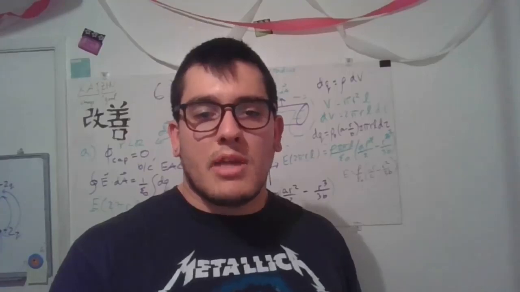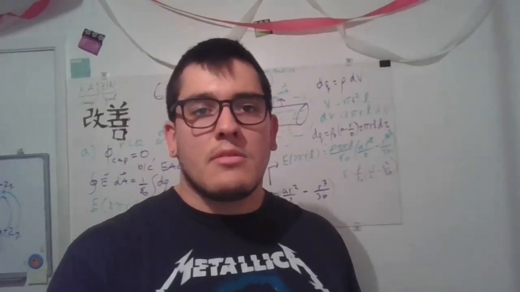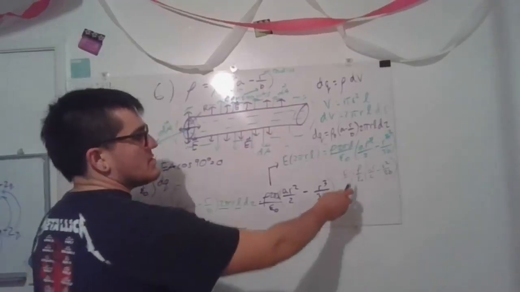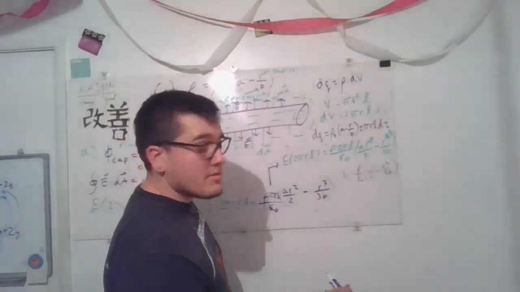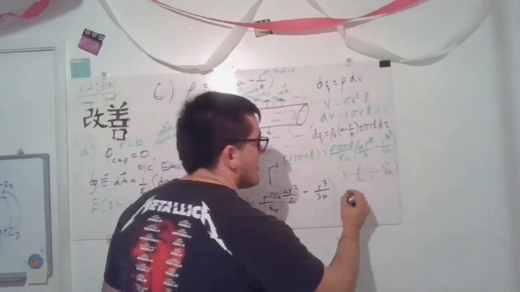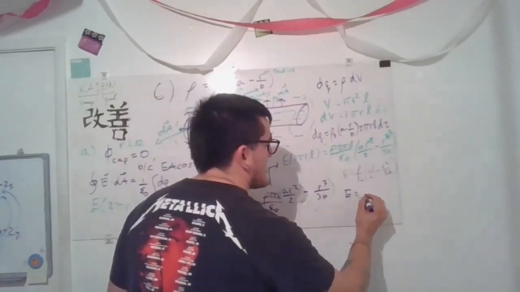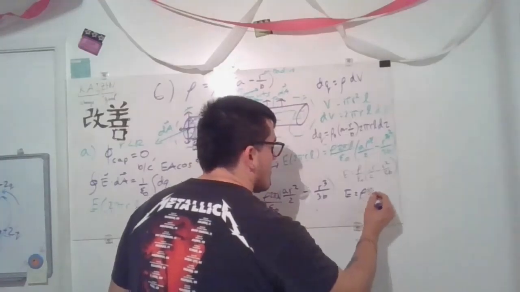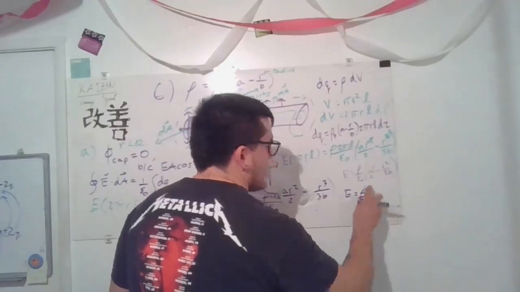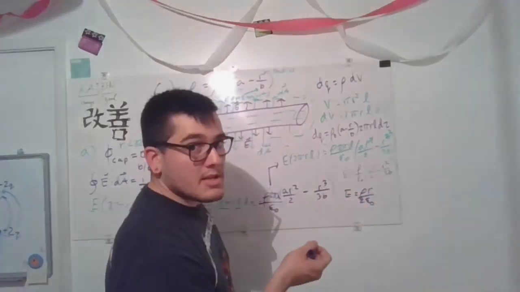I believe the book has it more simplified. These two have an R in common, so you can pull out that R if you wanted, and then if you pull out this 2, you have to put a 2 up here. So the book answer looks like this, rho R over 2 epsilon naught. If you pull a 2 out from the bottom, it just comes out, right?